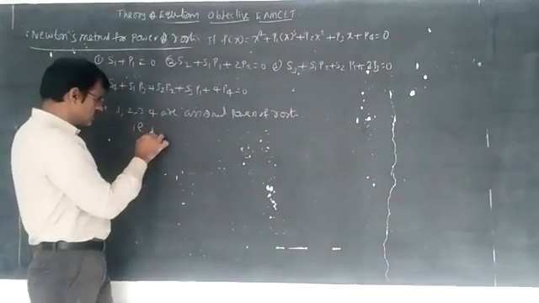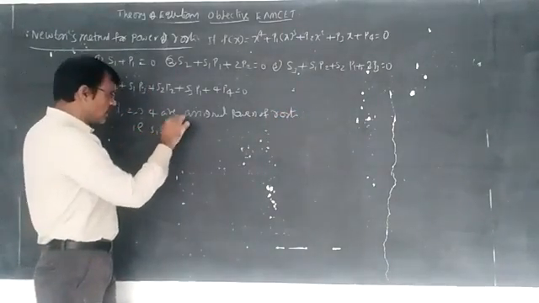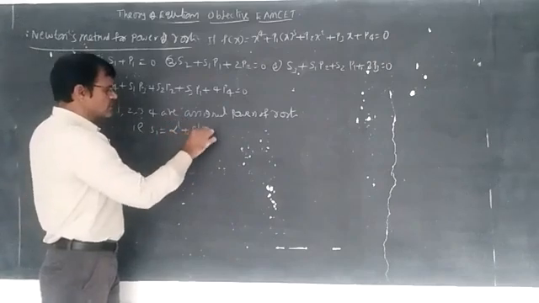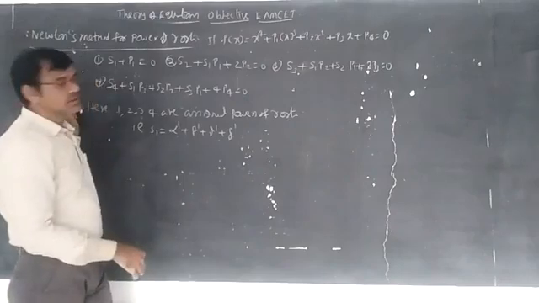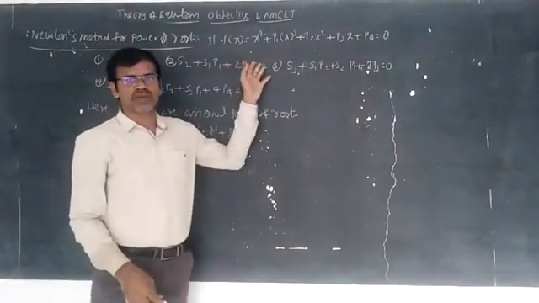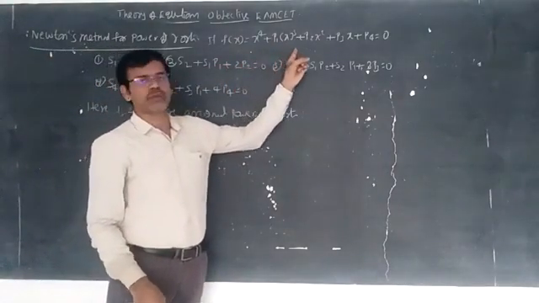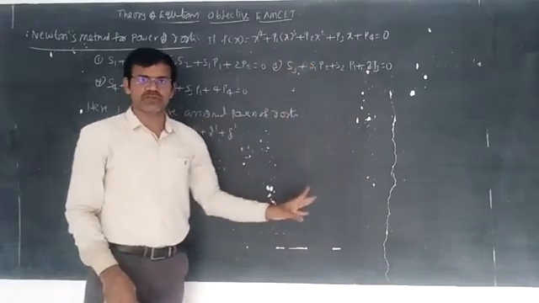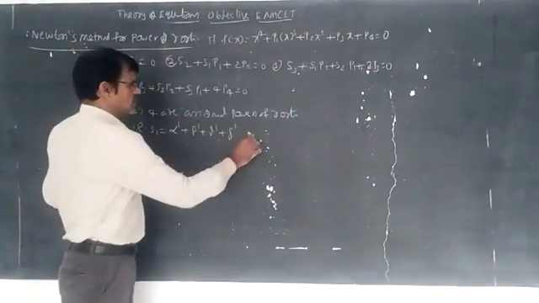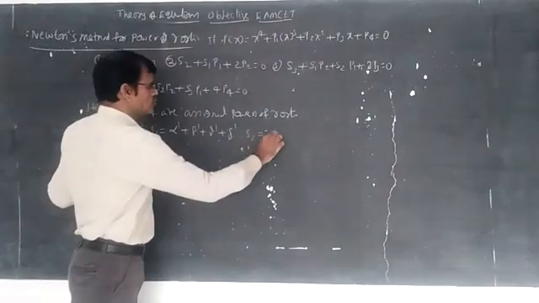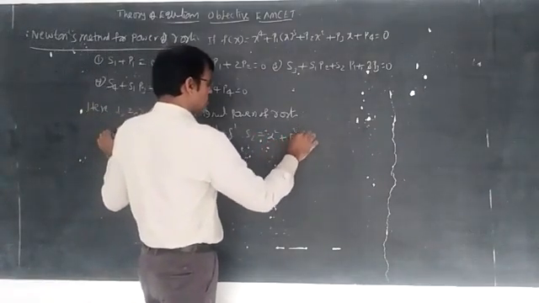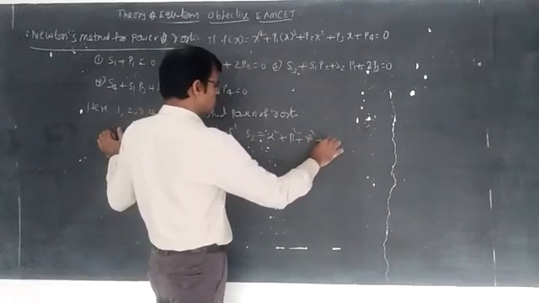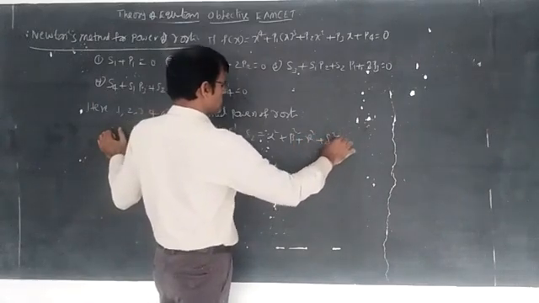That is, s1 means alpha power 1 plus beta power 1 plus gamma power 1 plus delta power 1. The same formula is applicable for x cube plus p1 x square plus p2 x plus p3 equal to 0 also. s2 means alpha power 2 plus beta power 2 plus gamma power 2 plus delta power 2.